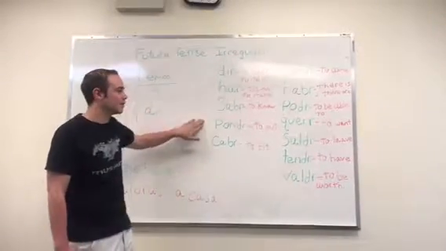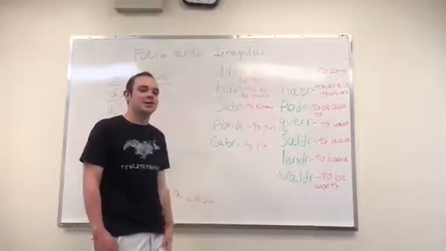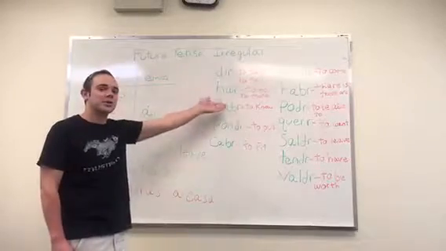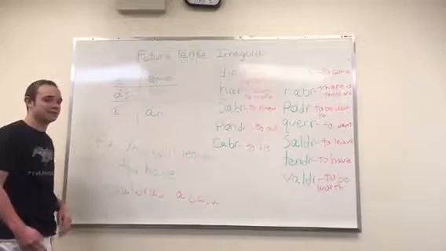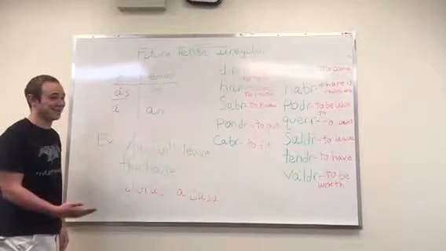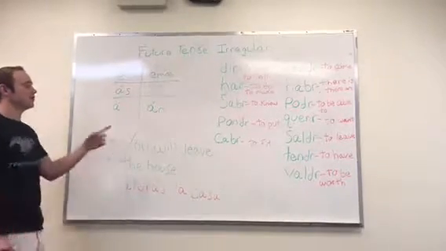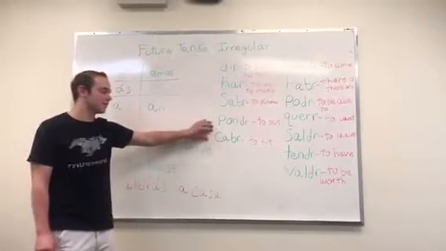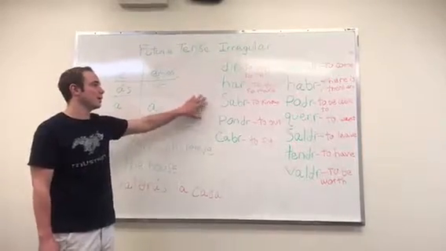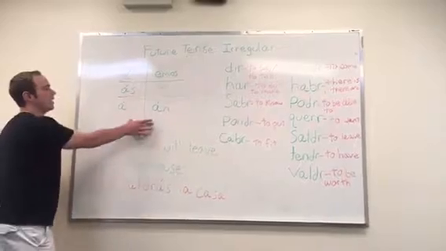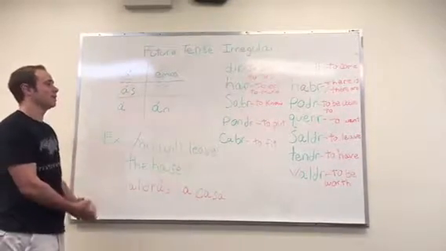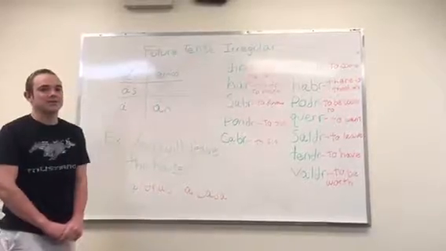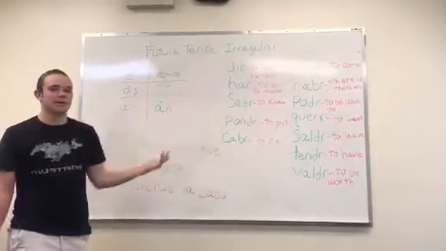We have translated what these words mean for you, so when you make your sentences, the translations are right there. You take the irregular word and use the same endings as the future tense regular. The only difference is that you're using these irregular conjugations.